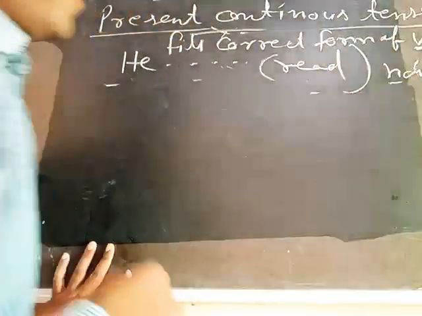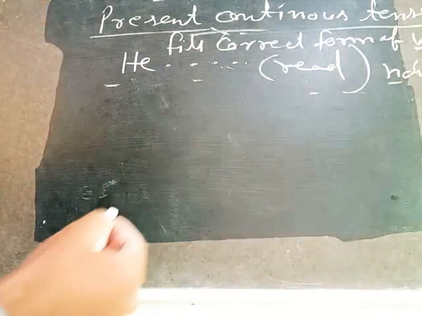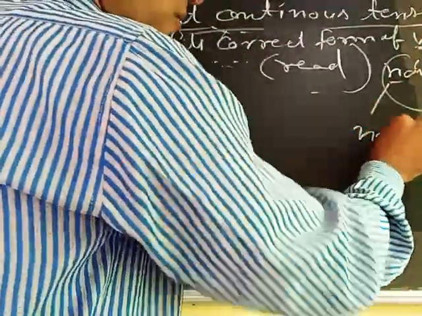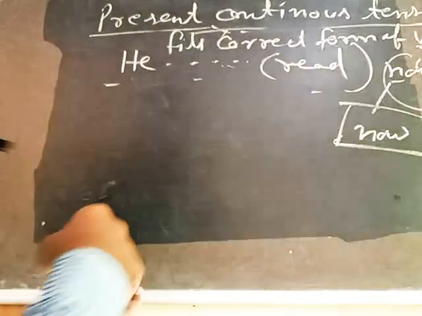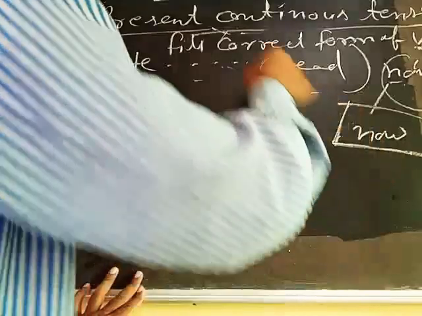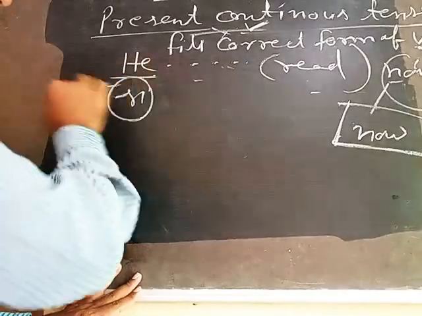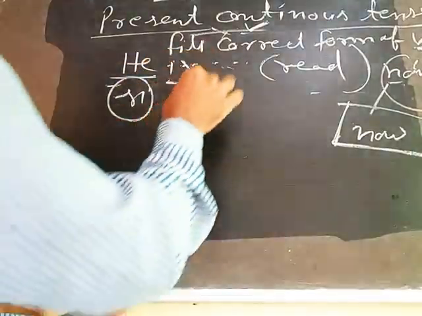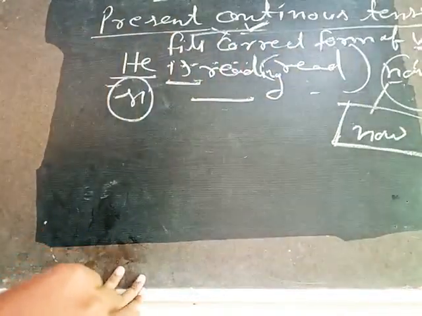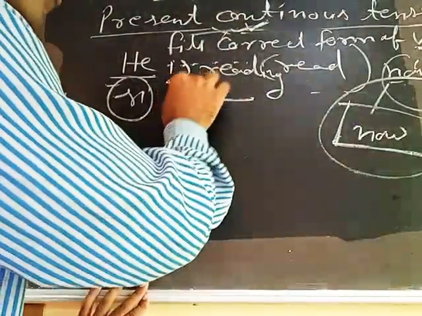Present simple, present continuous, present perfect, present perfect continuous, past simple. We see there is an adverb, now. Now shows continuity and present. What does now show us? Continuity and present. So present and continuity is used in present continuous tense. He is singular, so we use is, and first form read plus ing, reading. He is reading now. According to now, we use present continuous tense in this sentence.